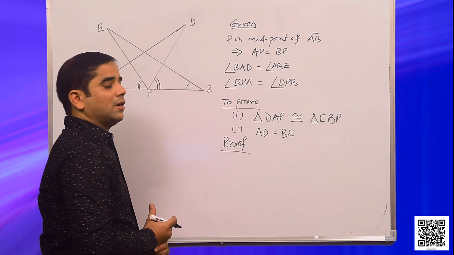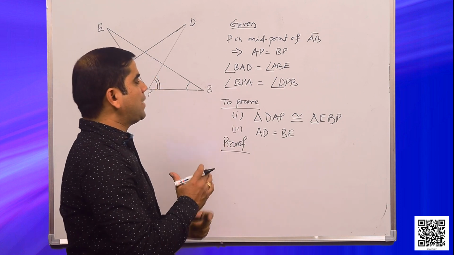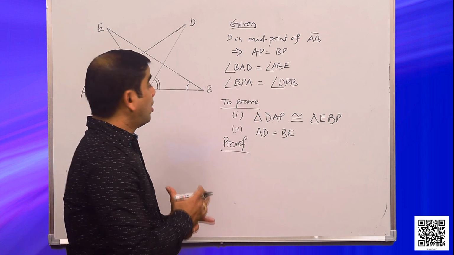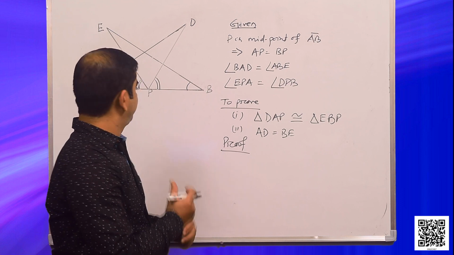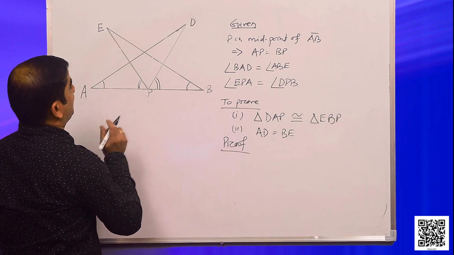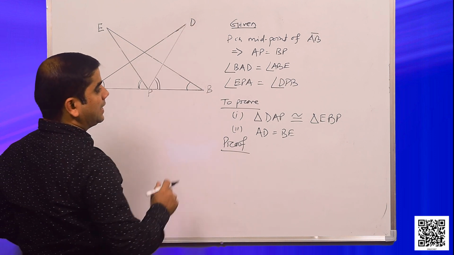So, to get into the congruency of triangle DAP and EBP, let us concentrate on how we can go through the question.